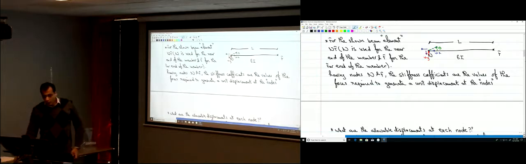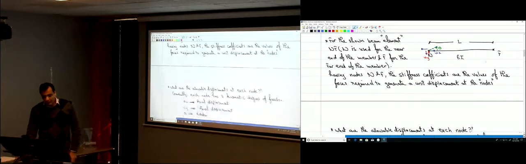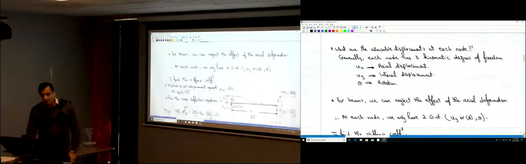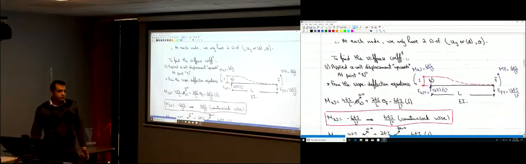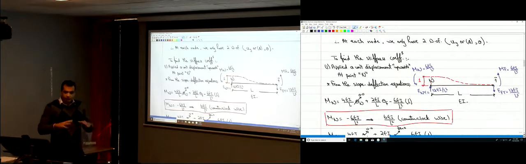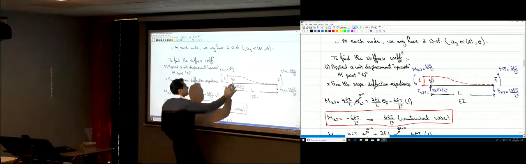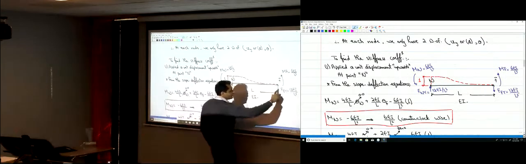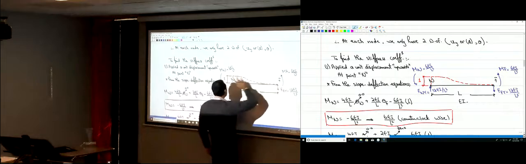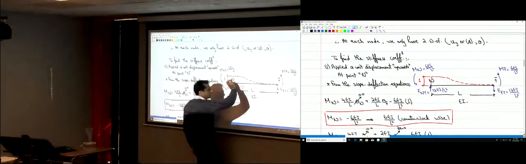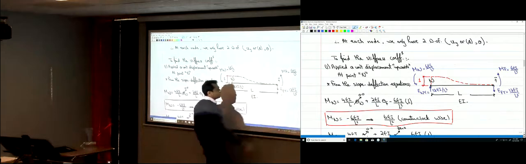What we tried to do last time is find those coefficients that relate the vertical displacement and the rotation at each end.